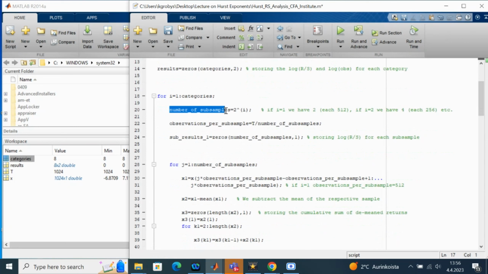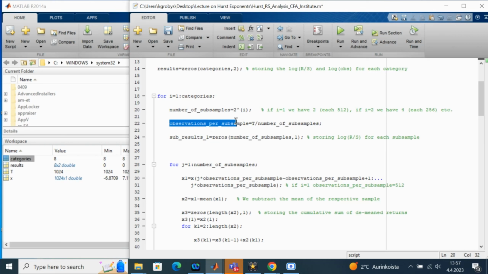First of all, we have to define the number of subsamples, and like we discussed on the whiteboard, it is 2 to the power of I, iteration I. Let's just consider the first iteration when I is 1. Number of subsamples is then what? It's 2 to the power of 1 is 2. That means we have 2 subsamples to deal with. And for each of these subsamples, we have to calculate the rescaled range statistic.